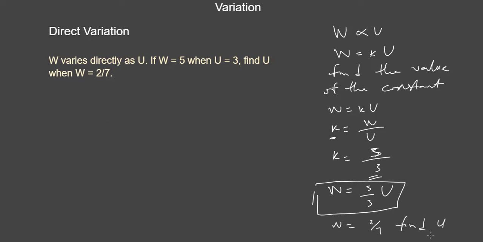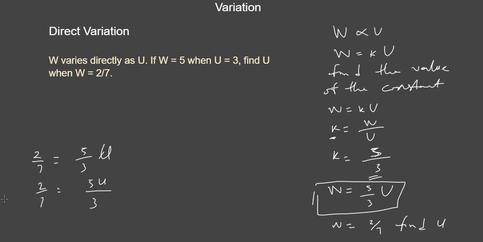So how do you go about that? You just plug in the value of W here. So it becomes 2/7 equals 5/3 U, right? Then the next thing we want to do is to solve for U. You can cross multiply. This is 5U/3.